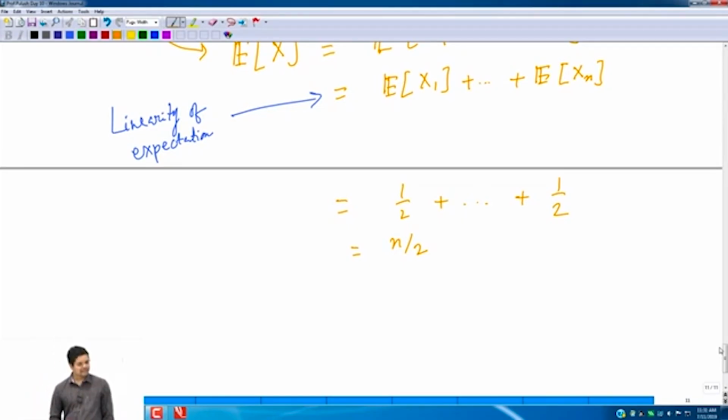So to prove linearity of expectation, so what is linearity of expectation? Let's write properly, formally.